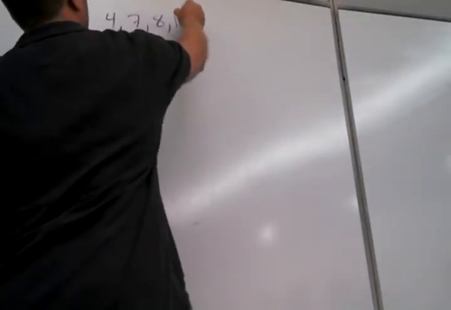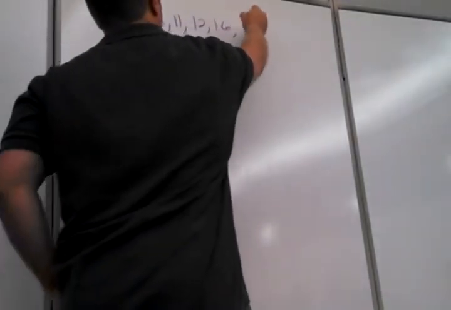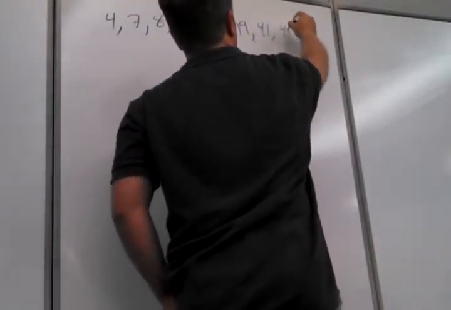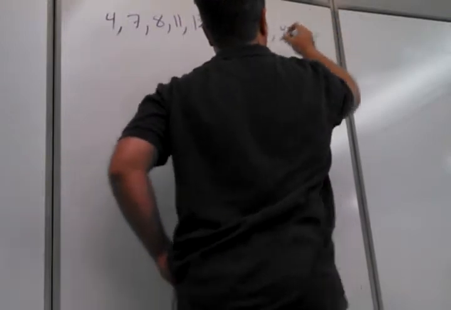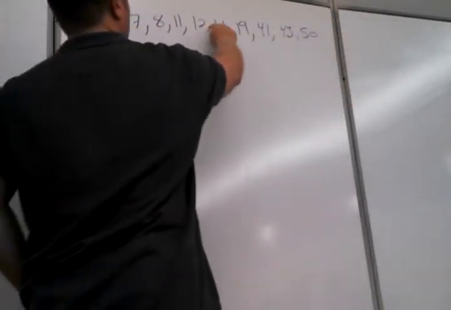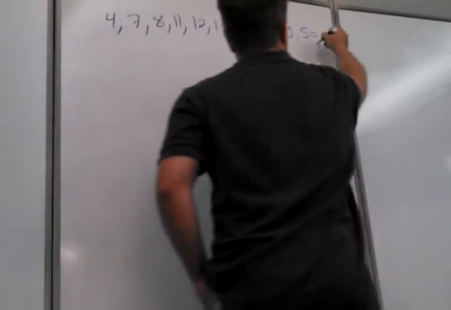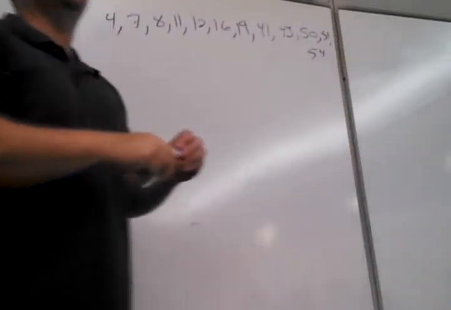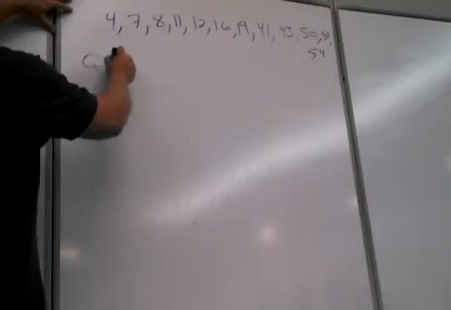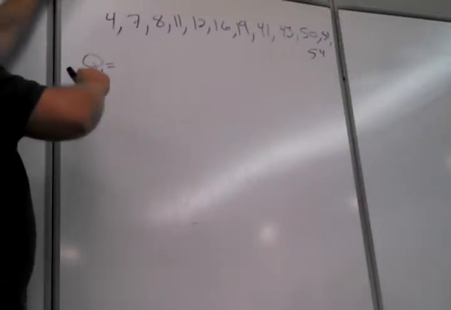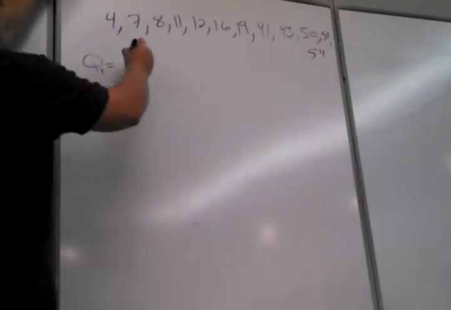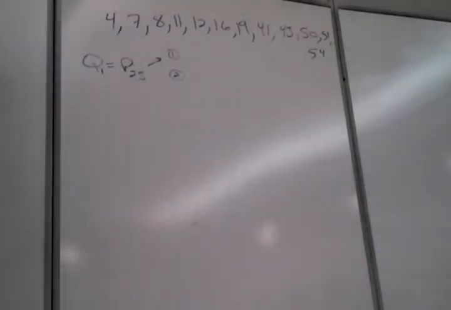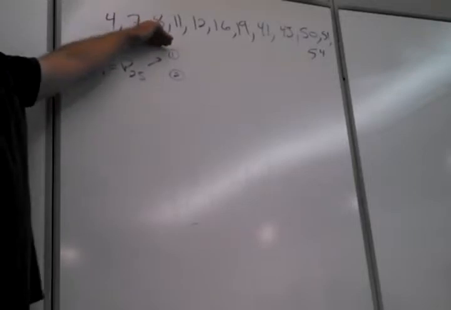Well, if I had a list of data, 1, 2, 3, 4, 5, 6, 7, 8, 9, 10. Let's make it 12. Q1 would be what percentile? 25th percentile. And the 2 steps: first step is find out where the answer is.